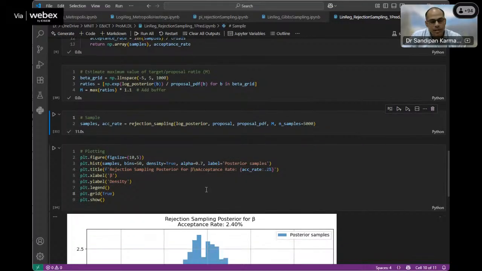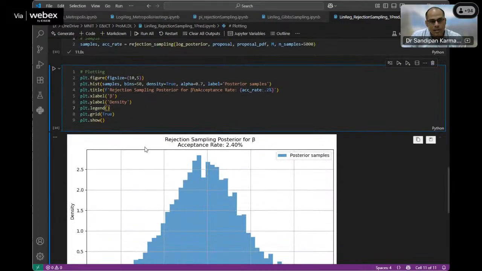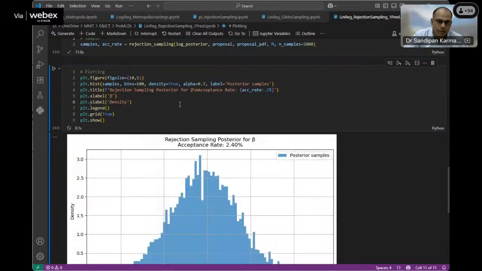Okay, samples generated. Now I am plotting it as a histogram. Suppose I am creating 100 bins. Let me run this.